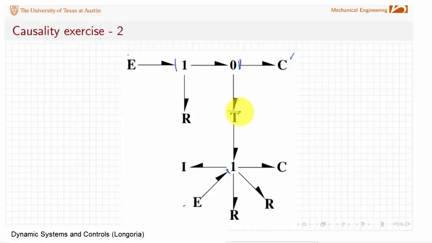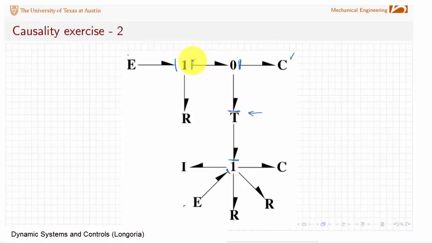I have to apply effort out here and out here. And note that now that I've got an effort into this T, it's got to be effort out of the T, right? Remember this, the T element, the transformer has constrained causality. Once you specify one side, the other is known.